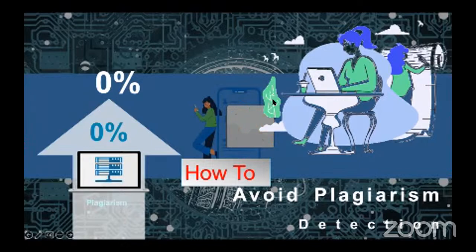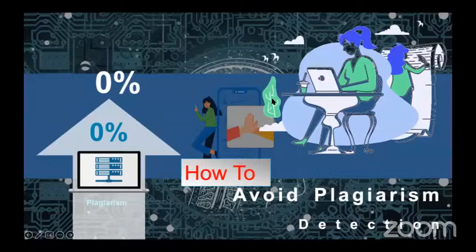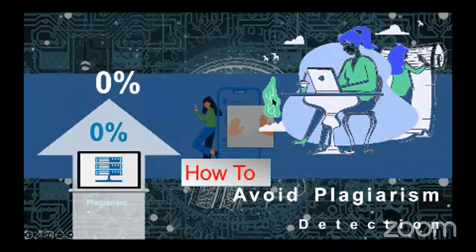Now, one last question. We have 4 types of plagiarism. Can you please name them? If you don't remember all 4, please name whatever you remember. What are the names?